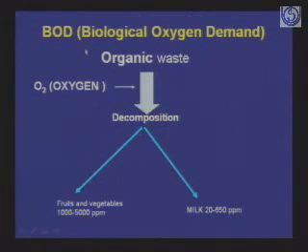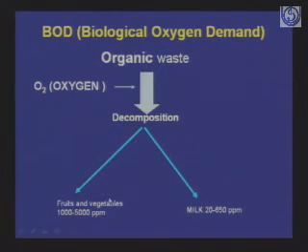There is a term which has been used in your text, that is biological oxygen demand. This term is in context with wastewater management. You have organic waste in your wastewater. Now this organic waste has to be decomposed, and this decomposition requires oxygen. So the amount of oxygen which is required to break down this organic waste is known as biological oxygen demand.